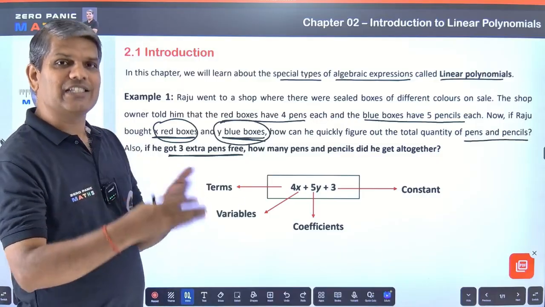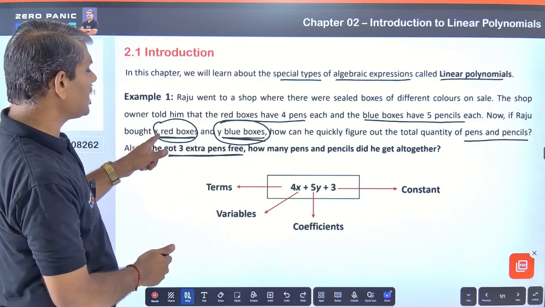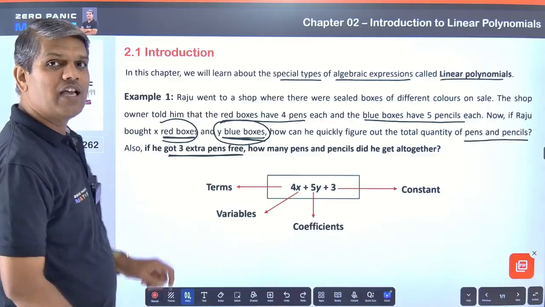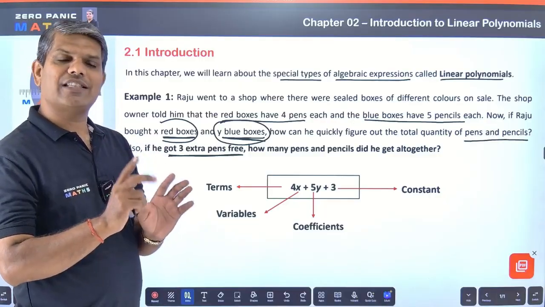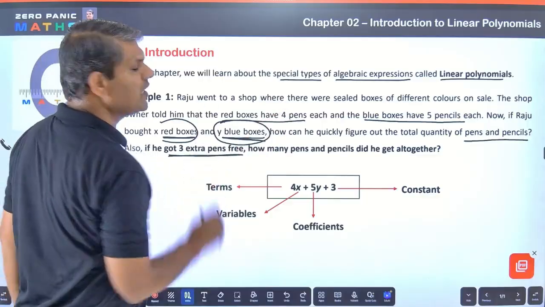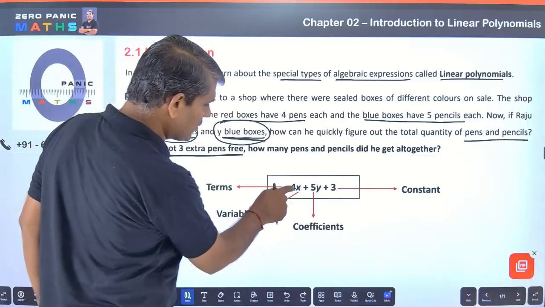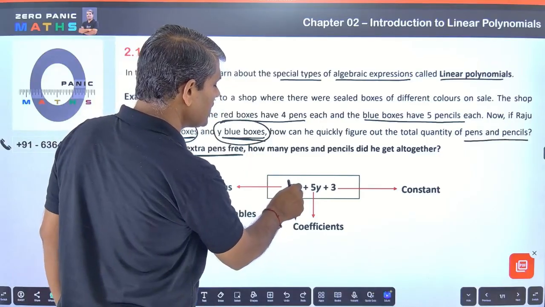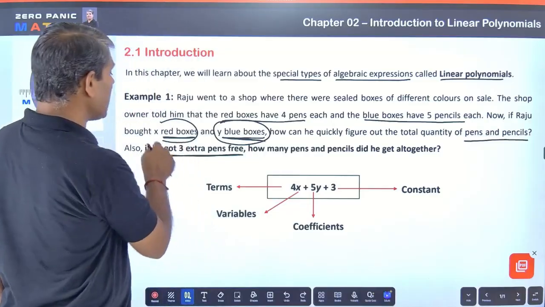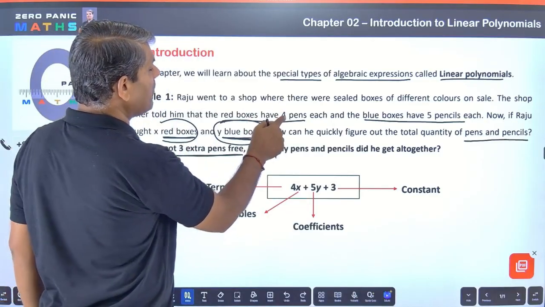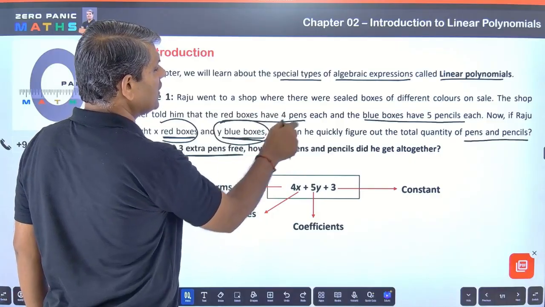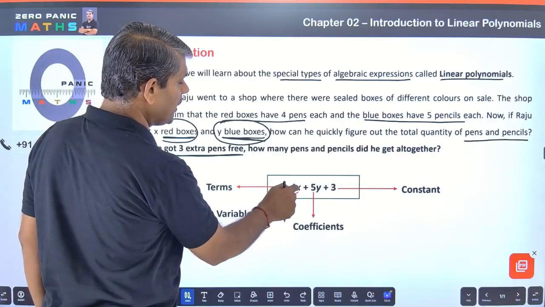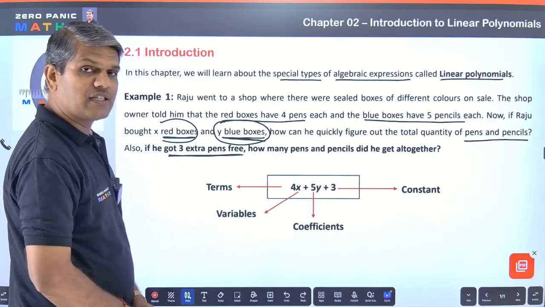Then in general, if he gets x red boxes, 4 into x is the total number of pens he bought. 4x is the total number of pens. We are multiplying the x number of red boxes by 4 pens, since each red box contains 4 pens.